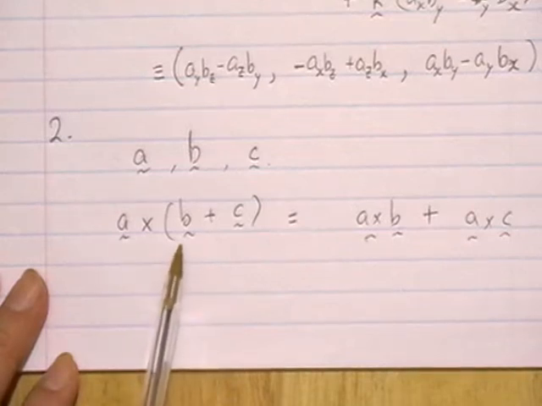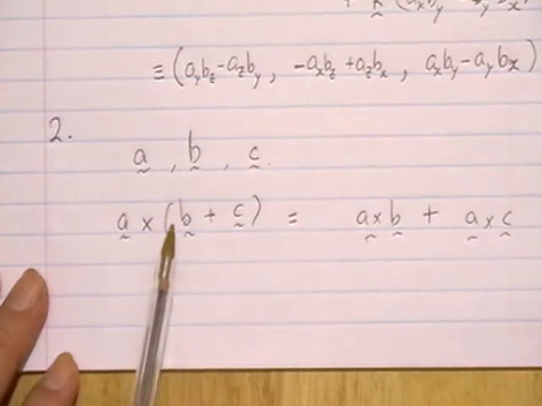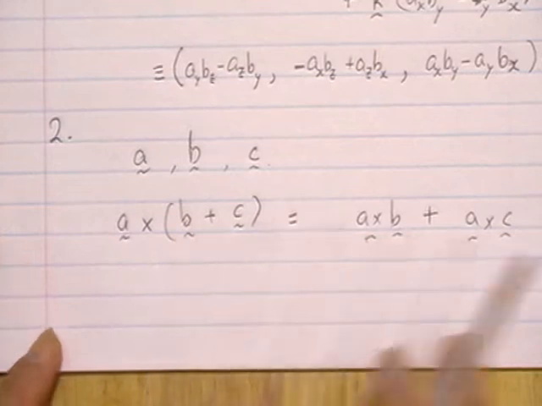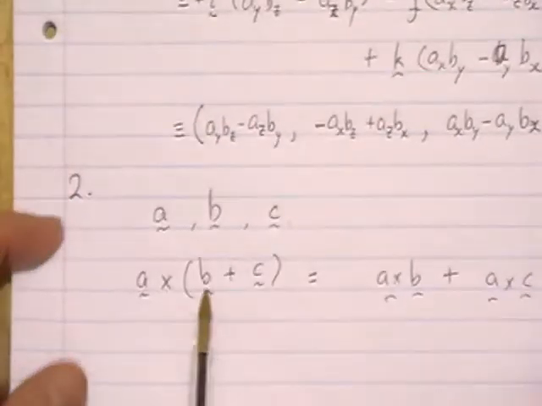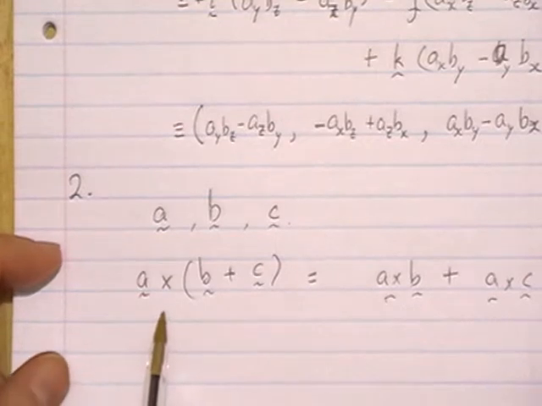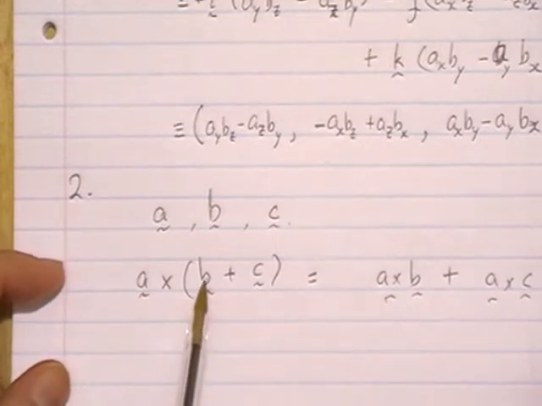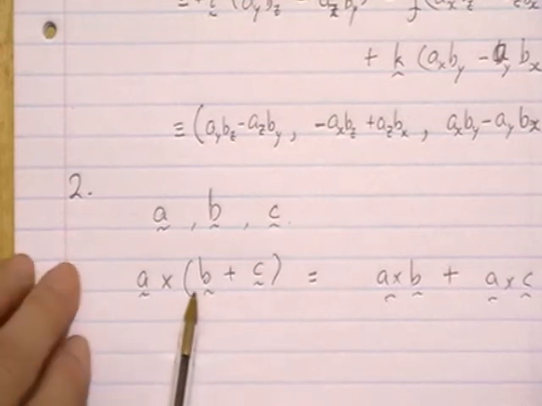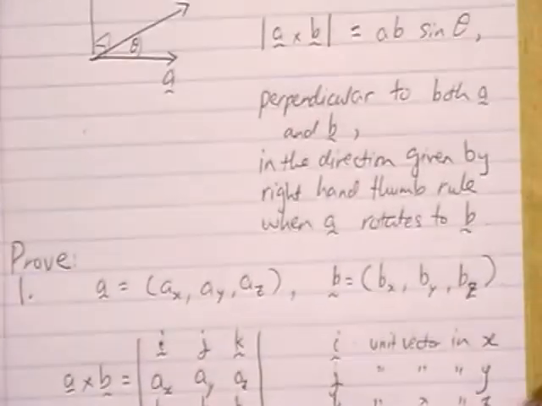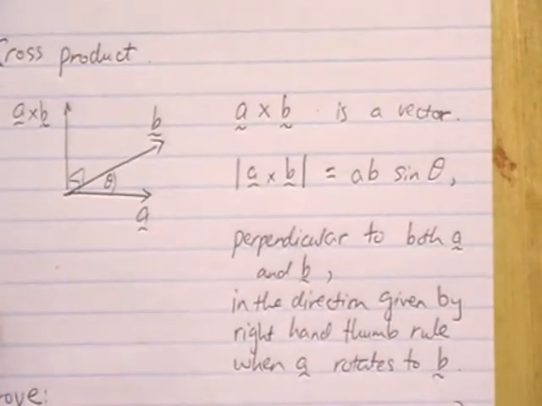But in the case of the cross product, we are not doing a simple multiplication of two numbers like 1 times 2. The cross product, although the cross here looks like a times, it's actually not the same meaning as the times that we use for ordinary numbers. Right? It's actually something quite complicated.